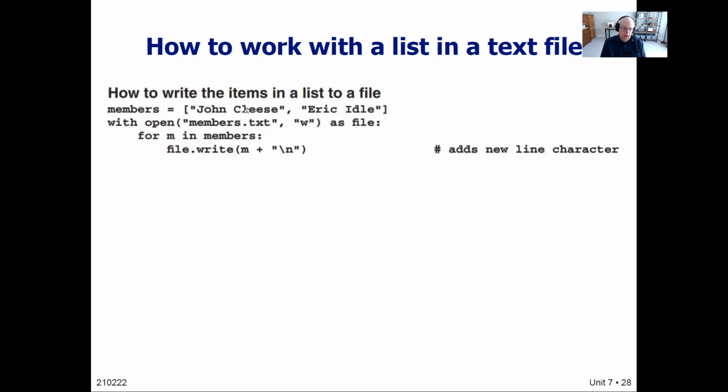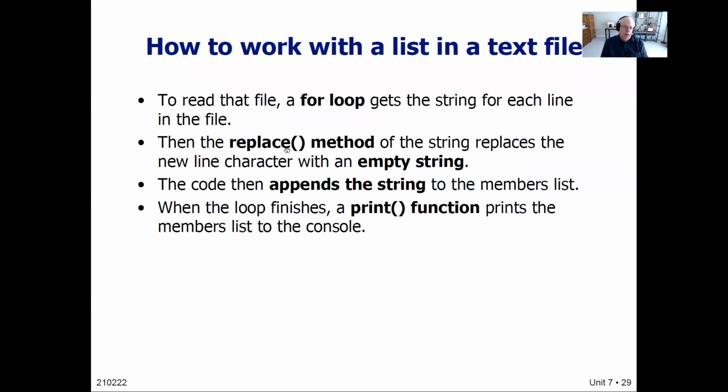If we didn't do this, because these two members are coming out of this list, they do not have new line characters, but we want the output to be each of these guys on a separate line. So we have to add that new line character to get that to work. We would figure that out once we looked at our output and it was all together. You say, oh, better put a new line character on there.